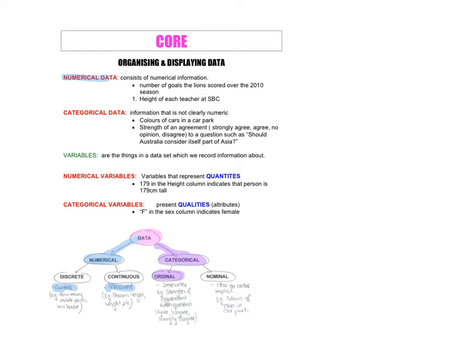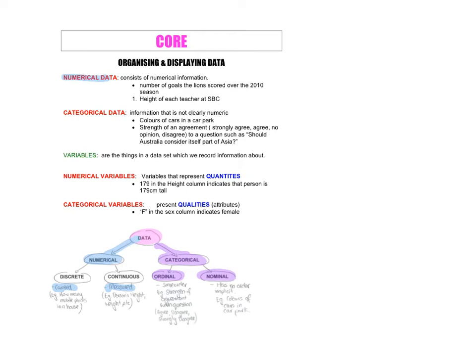When you do those surveys and you have strongly agree, agree, neither, disagree, that is categorical, but it has an order. If someone's sitting at disagree, I know they're the opposite to strongly agree. The other type of categorical data is nominal, where you have no order whatsoever.